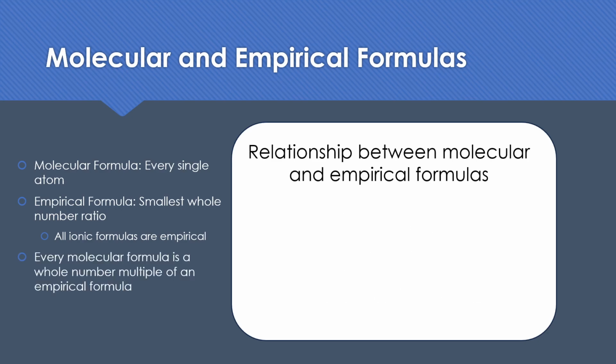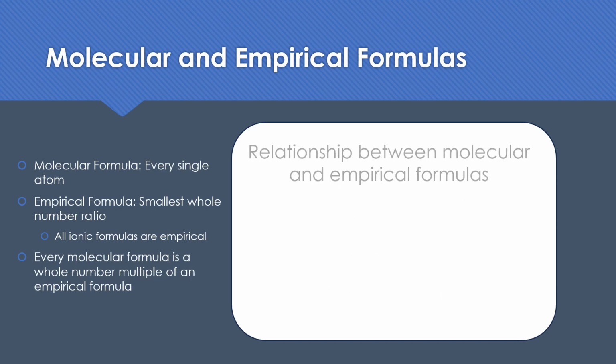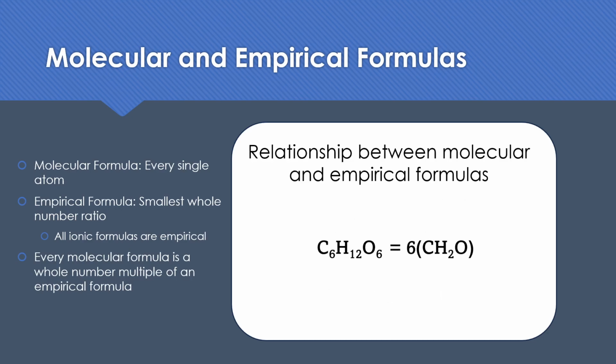So the relationship between the molecular and empirical formulas is that the molecular formula is a whole number multiplied by an empirical formula. Now, in the case of water, the whole number is 1. 1 times the empirical formula of water is H2O, which is the molecular formula of water. But for something like glucose, it's 6 times the empirical formula of CH2O.